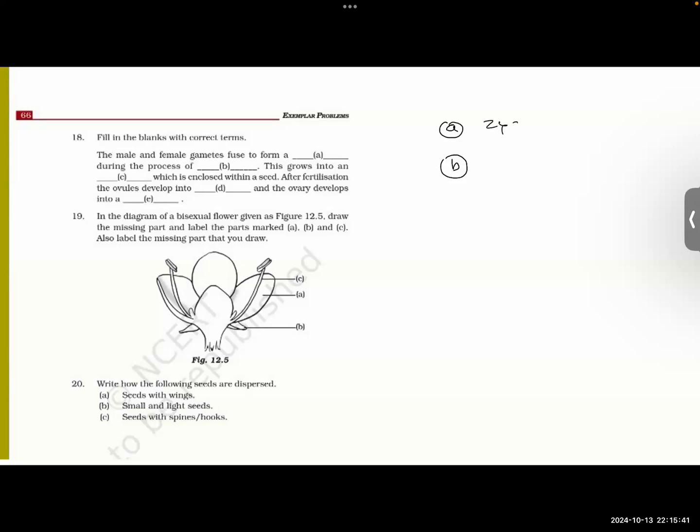Well done. Next, during the process of sexual reproduction, that process in particular, what do we call this? Fertilization. That is fertilization. Good.